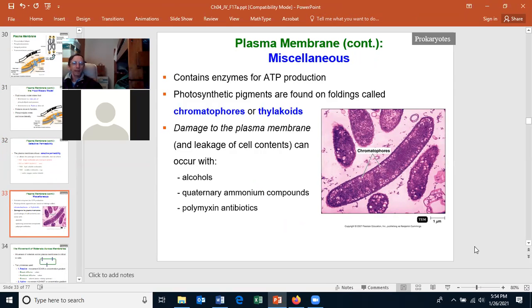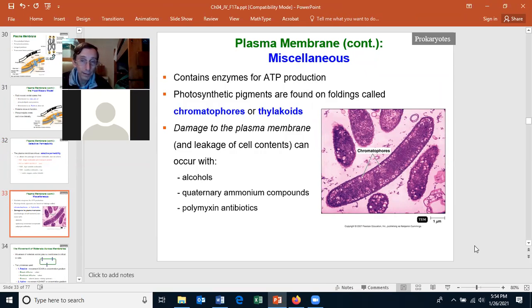The plasma membrane does have some unique function, especially in the bacteria or the prokaryotes. And the plasma membrane does have the enzyme for producing ATP. So all cells need to make ATP because that's the energy currency of cells.